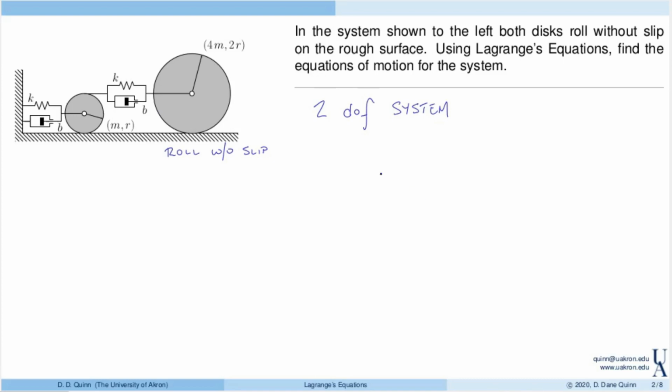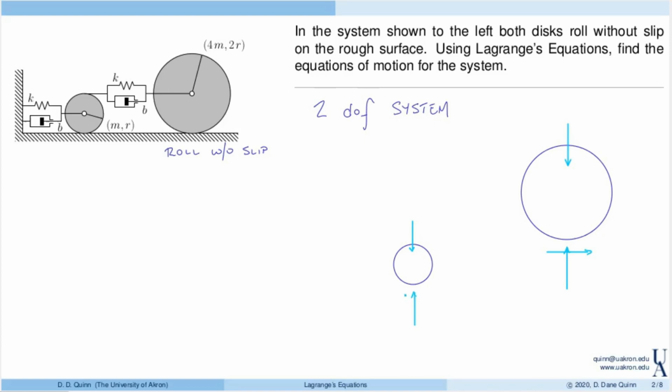So now let's go and look at the disks themselves and identify the forces that act on them. So we'll draw the larger disk, and then maybe we'll draw the smaller disk down here. Okay, so what forces act? Well, we have the weight, we have the normal force, and we have the friction force acting on both disks.